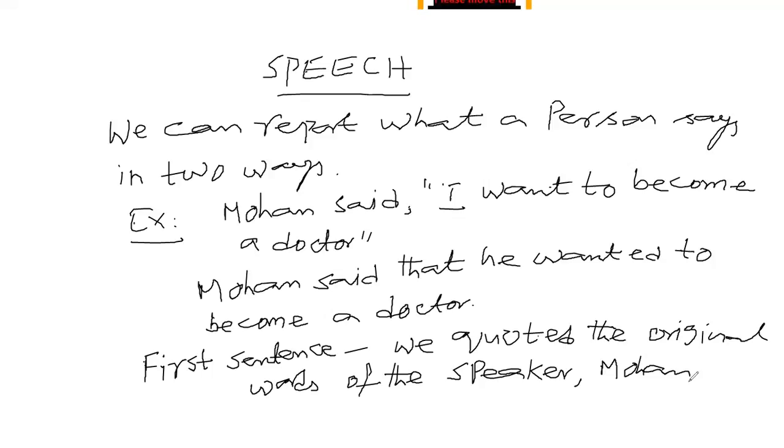The words kept in quotation marks are the original words. Generally, when we state the original words of the speaker, those words are placed between quotes. Since we quoted the exact words of the speaker in the first sentence, it is called direct speech.